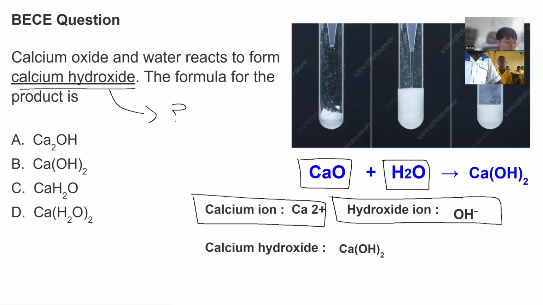Remember, calcium hydroxide equals calcium ion combined with hydroxide ion. Since calcium ion has a 2 plus charge and hydroxide ion has a 1 minus charge, you need 2 hydroxide ions to balance the charges. So that is why calcium hydroxide is CaOH2, right?